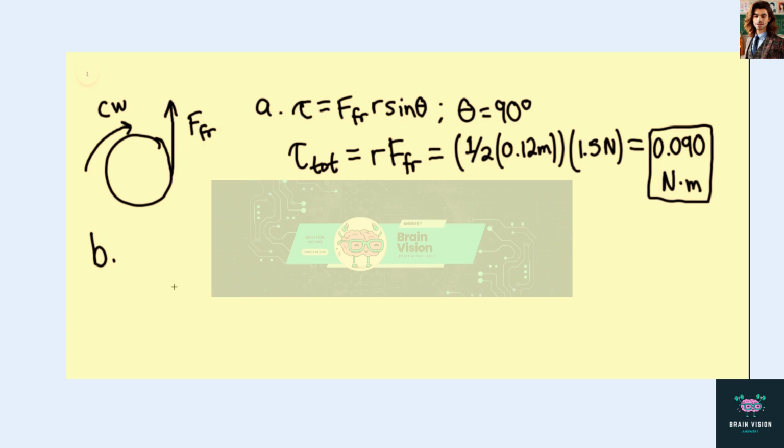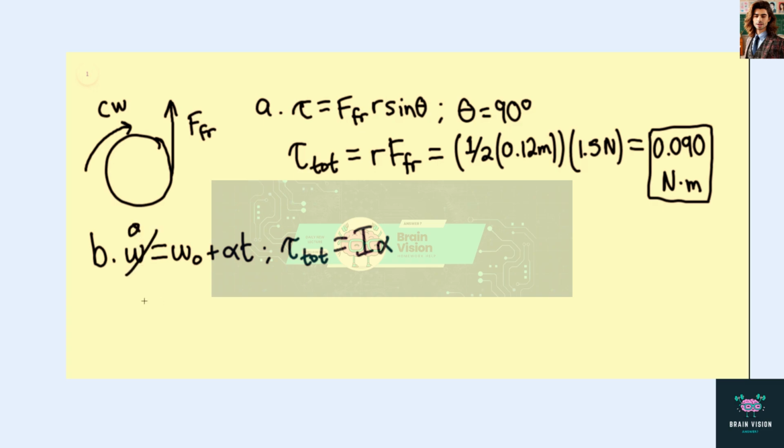The time to stop would be found from the final angular velocity equaling the initial angular velocity plus alpha times t. We know that the total torque equals the moment of inertia times the angular acceleration, and we know that the final angular velocity is going to be 0.